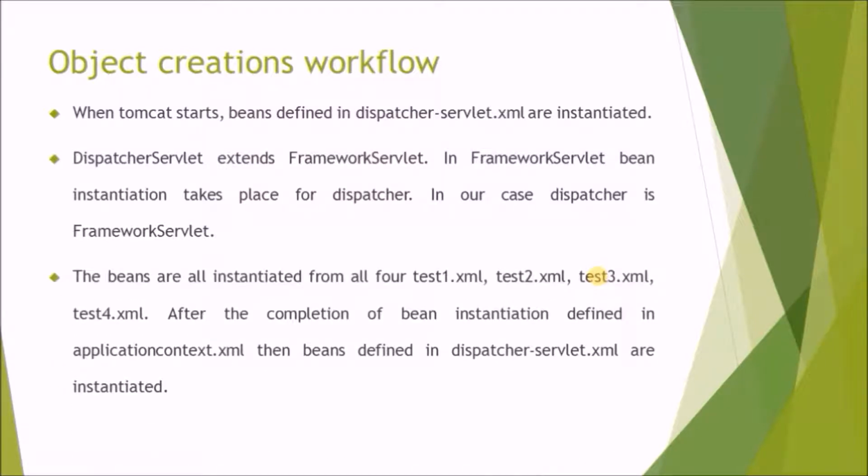The beans are all instantiated from all four: test1.xml, test2.xml, test3.xml, test4.xml. After the completion of bean instantiation defined in the applicationContext.xml, the beans defined in dispatcher-servlet.xml are instantiated. The instantiation order is root application context first, then FrameworkServlet.